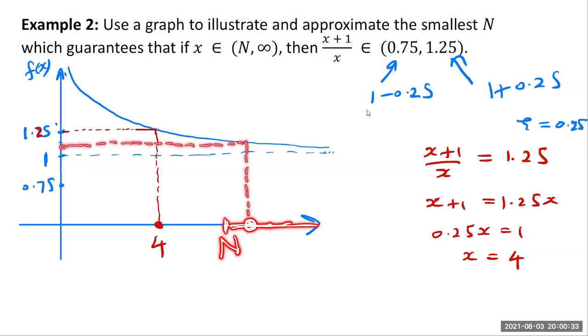That falls in that interval 0.75, 1.25. Okay. Likewise, if you take your n to be to the right of 4, then this definition is going to be satisfied. But what is the smallest n that you can pick? Can you pick your n to be this value? Again, yes. For any x value in this region, your y value is going to be between 0.75, 1.25. Likewise, as you can see from the geometry of this figure, this is the smallest n value that you can pick. Okay.